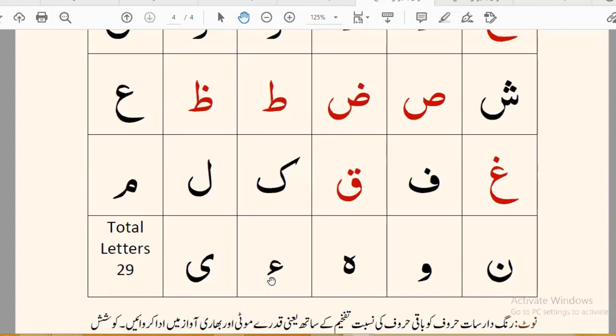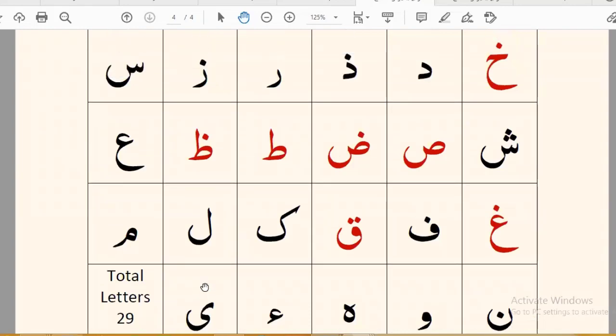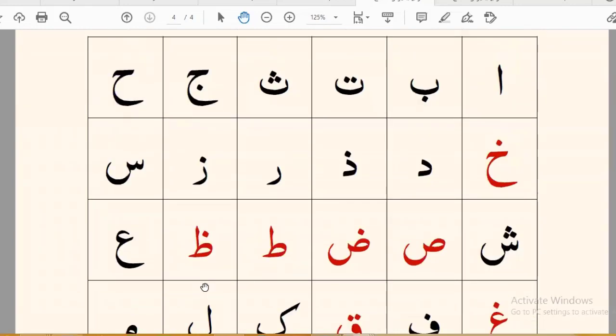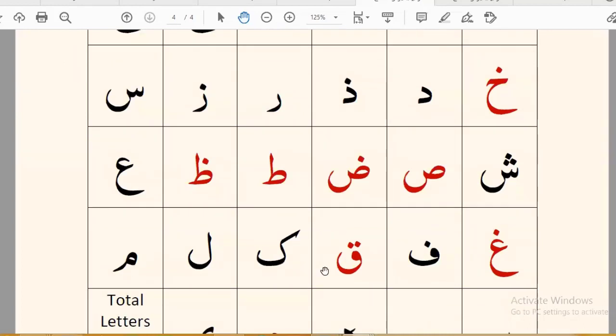Hamza. Ya. Excellent. Good. Well done. And can you tell me how many letters there are in total in the Arabic alphabet? 29. Excellent. Good. Well done. Mashallah. Really, really nicely recited. Just keep practicing, okay? G1 778. Jazakumullah. Allah Hafiz for now.